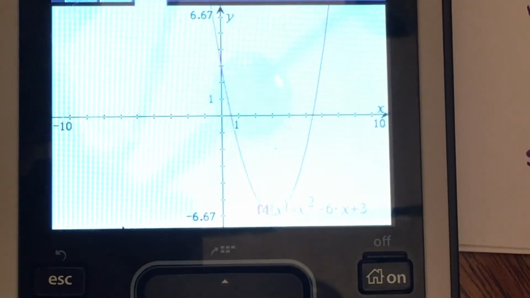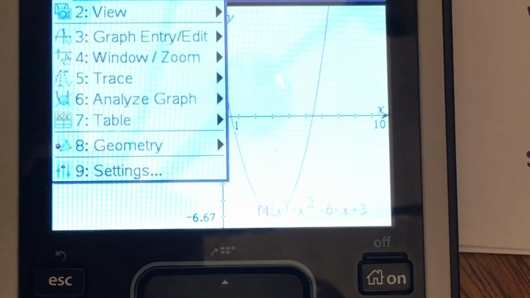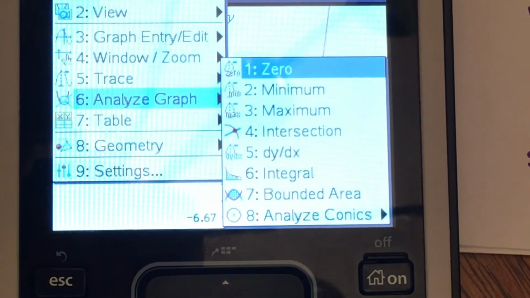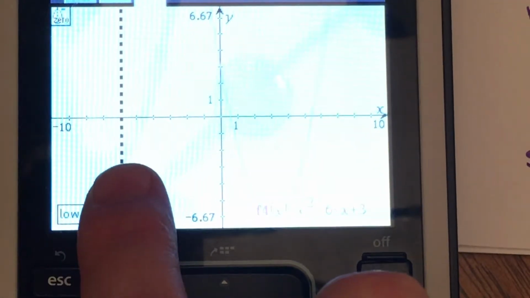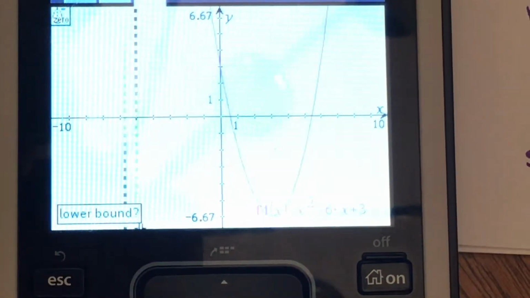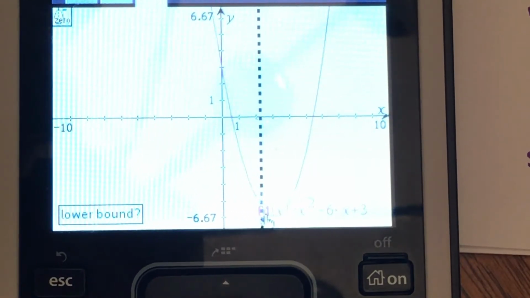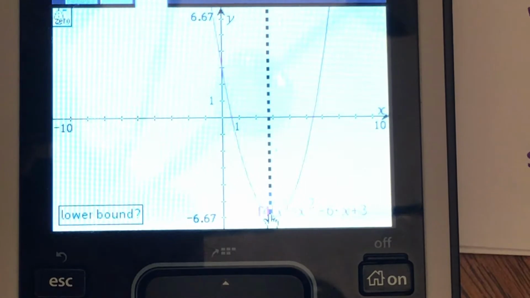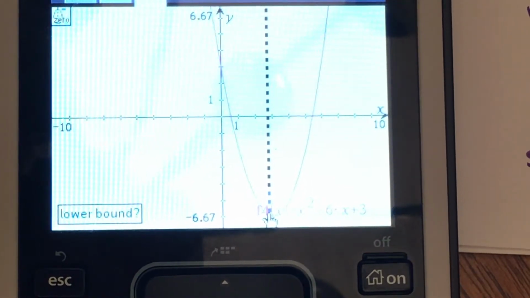So we push Menu, and then 6 for Analyze, and 1 for 0. And see, here is my dotted line, and I'm going to slide that over to the center of my curve. It doesn't have to be exactly centered, but somewhere there in the center, and push enter.